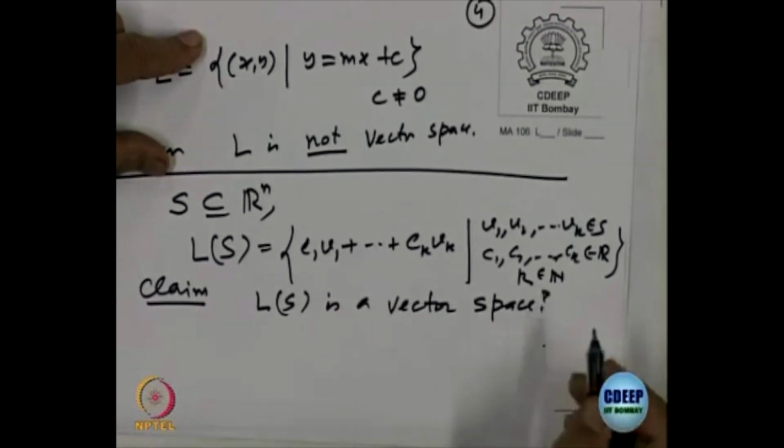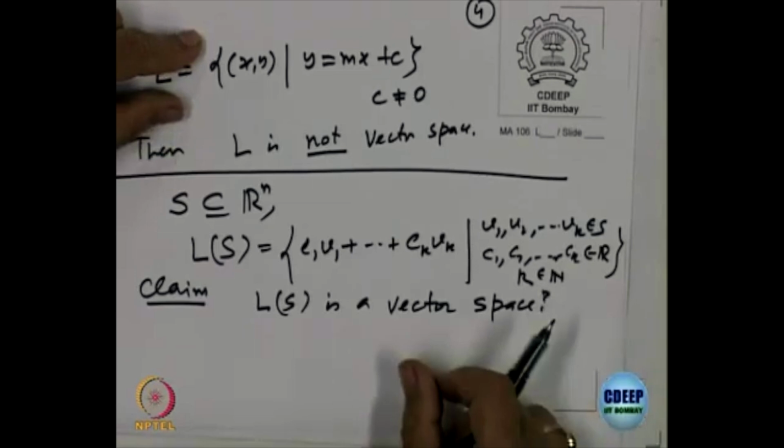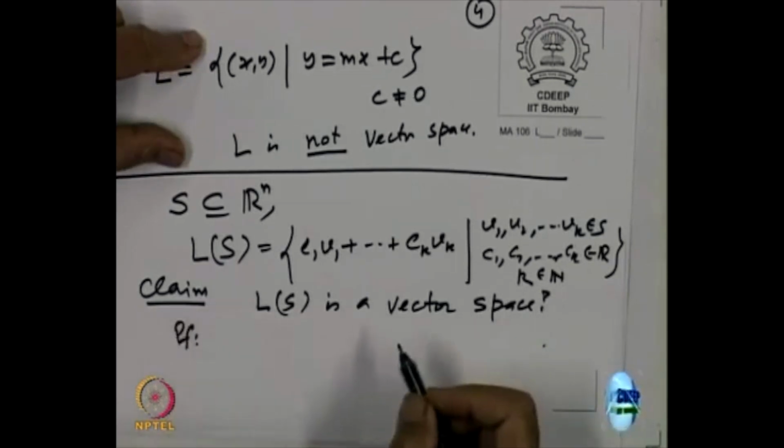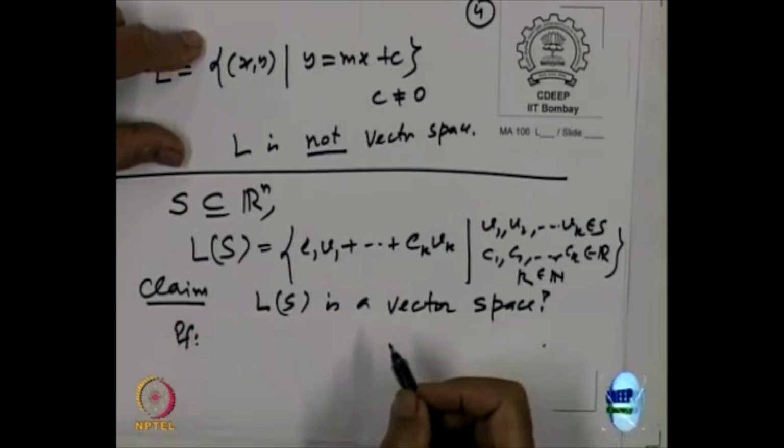So let us verify. What is the proof? How do I verify this? To show it is a vector space, what do I have to do? Take 2 elements of LS, take scalar multiples of them and add, that should again be in LS, right?